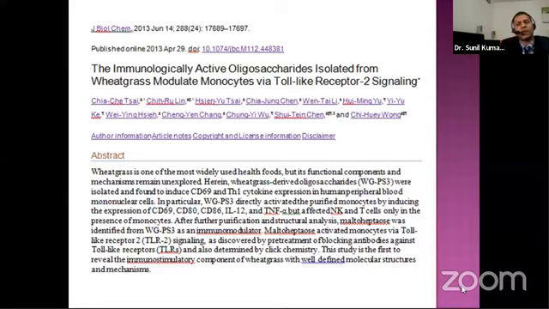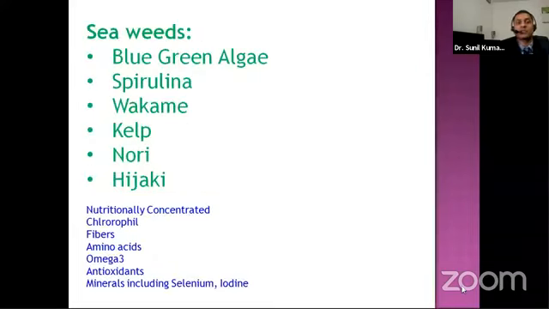There have been many researches telling you the efficiency of green foods on immune function. The current one you are seeing on the screen is the active oligosaccharides isolated from wheat grass, and that can lead to immune functions, balancing the immune function and enhancing it against the virus as well.